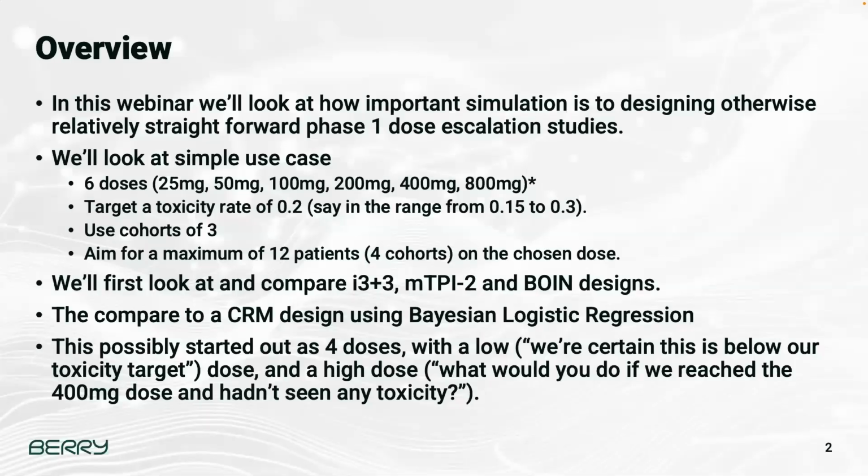They take the target toxicity rate and the target toxicity band, and they turn those, each one through a slightly different method, into a decision table as to whether to escalate or stay at the same dose, depending on how many subjects have been tested and how many toxicities have been observed on that dose. And then later on, we'll compare this to doing a CRM design using Bayesian logistic regression, where there's a few more parameters to play with, and there's perhaps more to explore with the simulation.